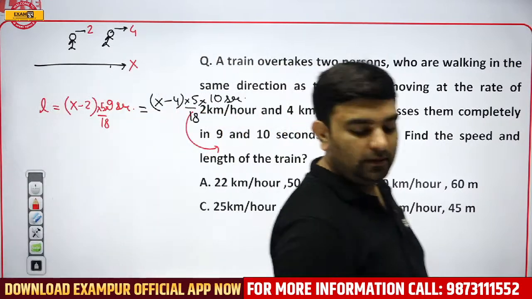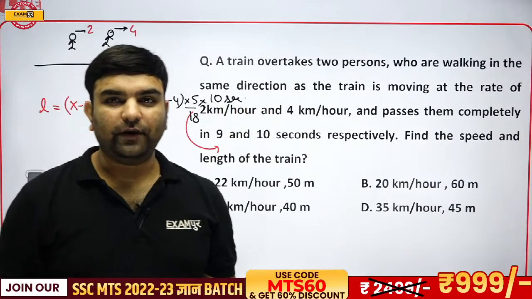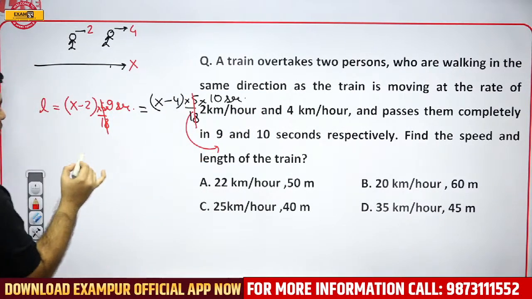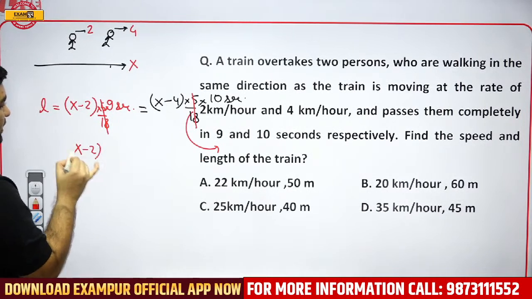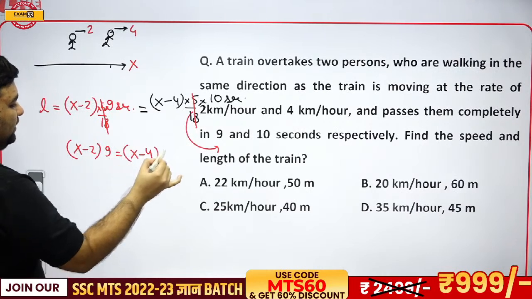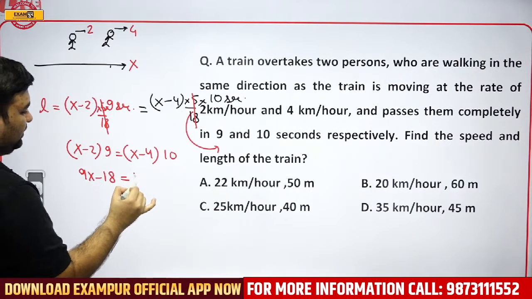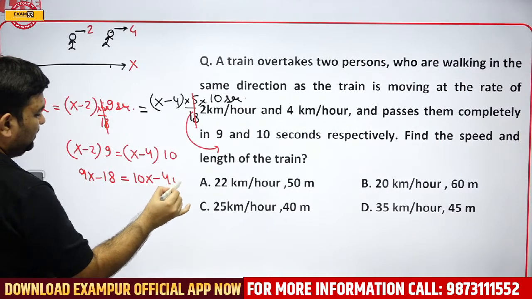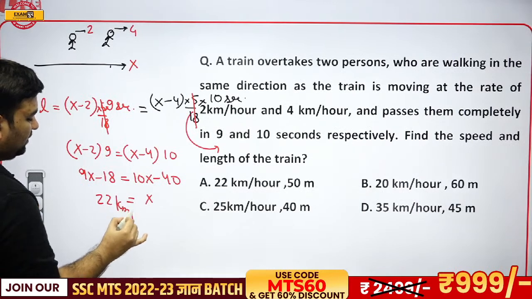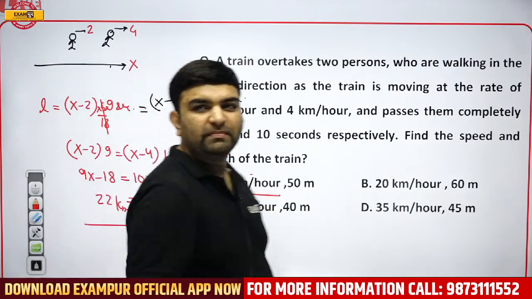So you can very easily see that 5 by 18 is going to get cancelled out. (x minus 2) into 9 is equal to (x minus 4) into 10. 9x minus 18 is equal to 10x minus 40. So x is equal to 22 kilometer per hour.